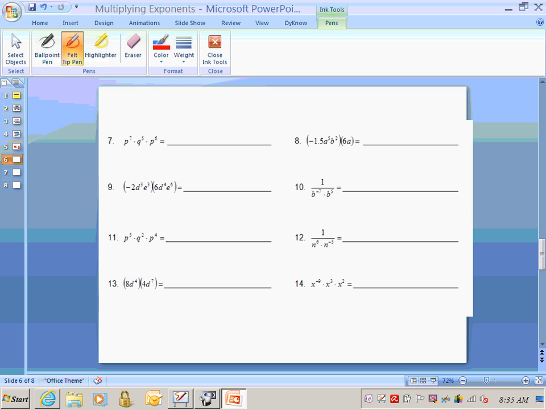Number 8 looks good. Okay. So if I have negative 1.5 times 6, is that going to be positive or negative? Negative. And 6 times 1.5 is what? If you don't know, get a calculator.